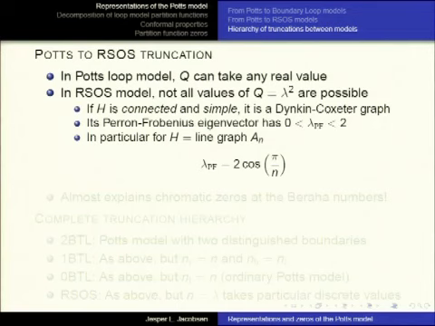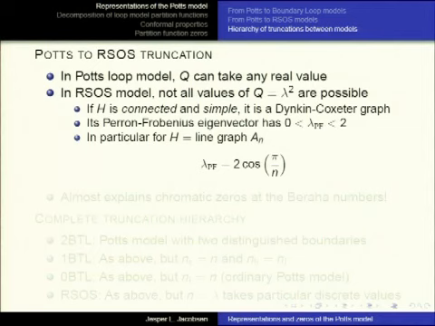And now if you want all weights to be positive, which seems reasonable for probabilists, then you should take, as this eigenvector, the Perron-Frobenius eigenvector of the adjacency matrix. And that will then have lambda between 0 and 2. So in particular, if H is, which I should not call the line graph, what should I call it again?